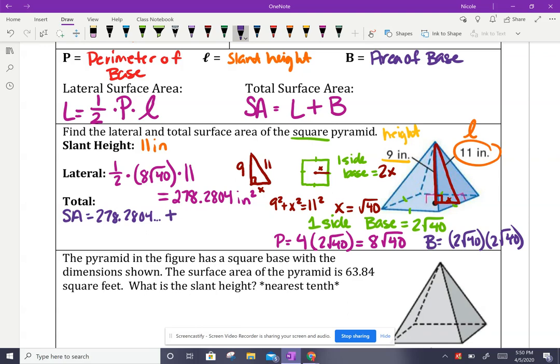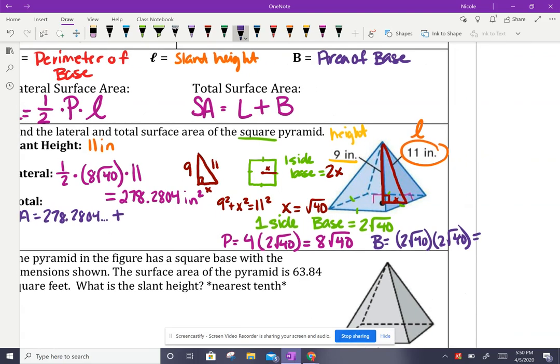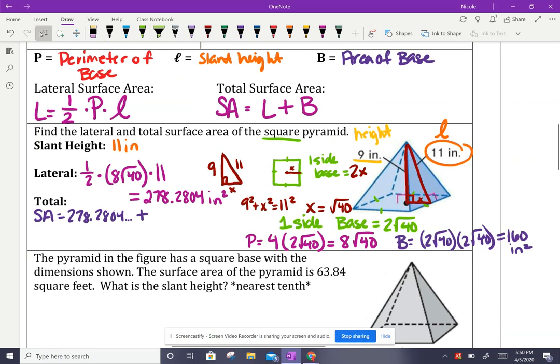And that gives me 160. So the area of my base is 160 inches squared. So plus 160. And so I add that to my previous answer of 278.2804341.